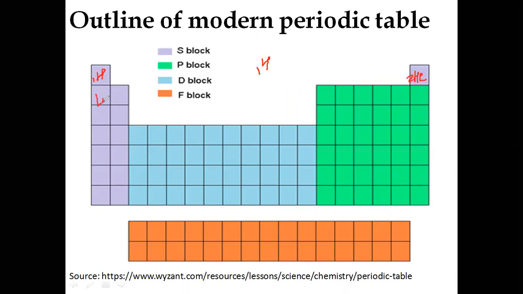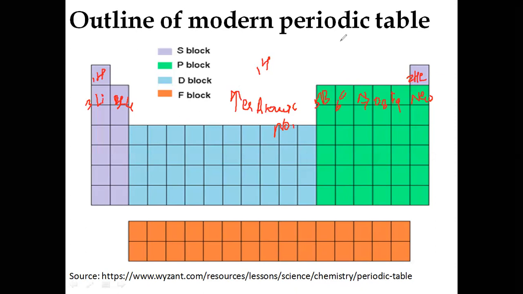Then he arranged lithium with atomic number 3, beryllium 4, boron 5, carbon 6, nitrogen 7, oxygen 8, and fluorine 9. In a similar way, what you can observe here is 1, 2, 3, 4, an increasing order of atomic number. In this way, he arranged all the elements in increasing order of atomic numbers.